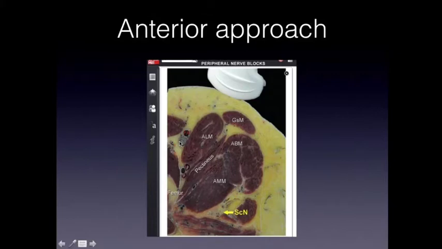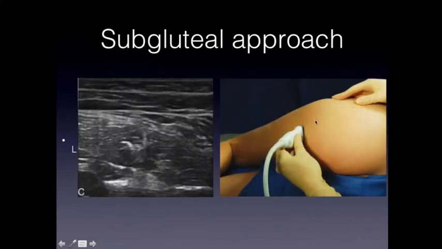This is a subgluteal approach. It's slightly below the gluteus muscle, I mean the gluteal region, and we see the nerve a little bit more superficial, predominantly hyperechoic and flattened.